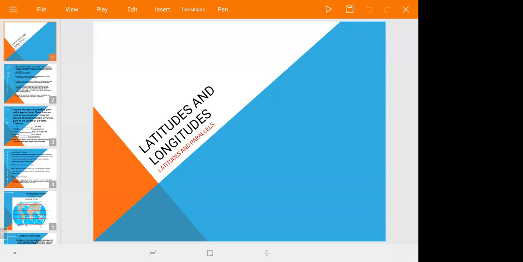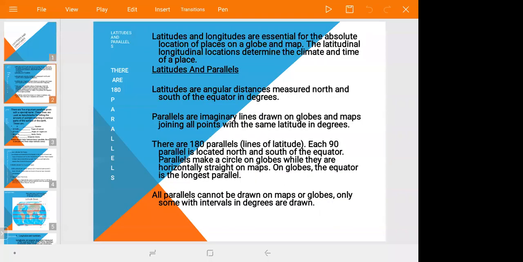Okay, so let me start my presentation. As you can see from the note on your screen, the topic is latitudes and longitudes, and the first part is what latitude and longitude are, explaining latitudes first. Latitudes and longitudes are essential on our globes and maps to determine location, climate and time.